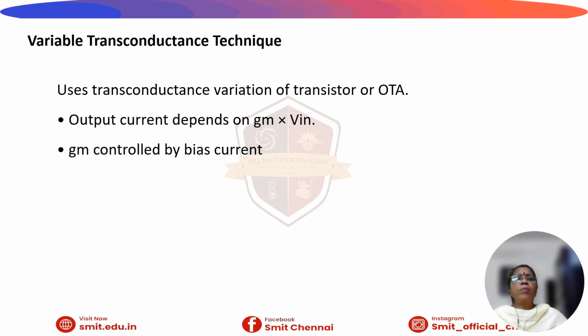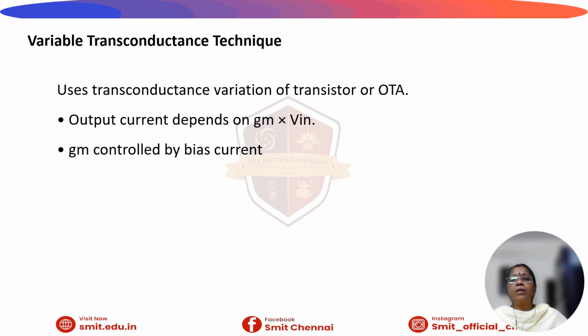Now we will discuss the next technique, variable transconductance technique, which also implements the analog multiplier. This uses transconductance variation of transistor or OTA. The output current depends on GM, which is the transconductance, and the input voltage Vin.